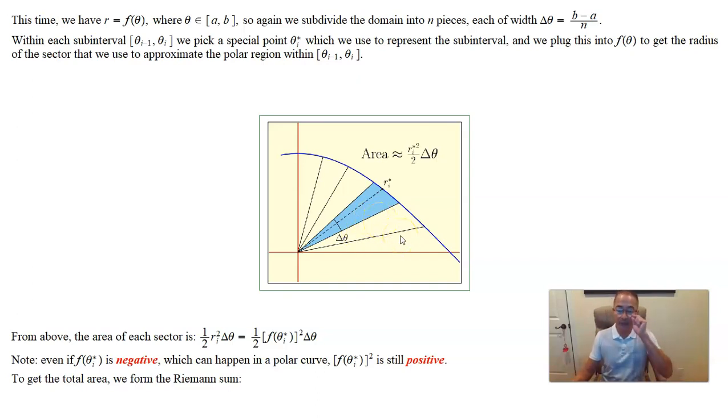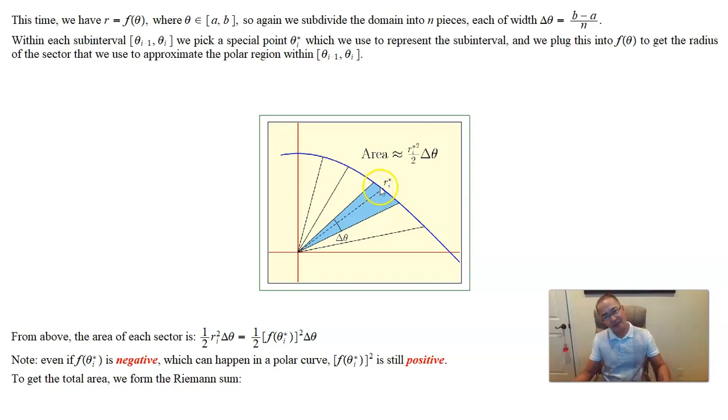Okay, so we're going to do something similar to our subpartition. We have our first angle a over here, and then theta 1, theta 2, theta 3, theta 4, and so on. Within each subsector, we are going to pick a representative theta i star, and then that is what we are going to use to get a radius.